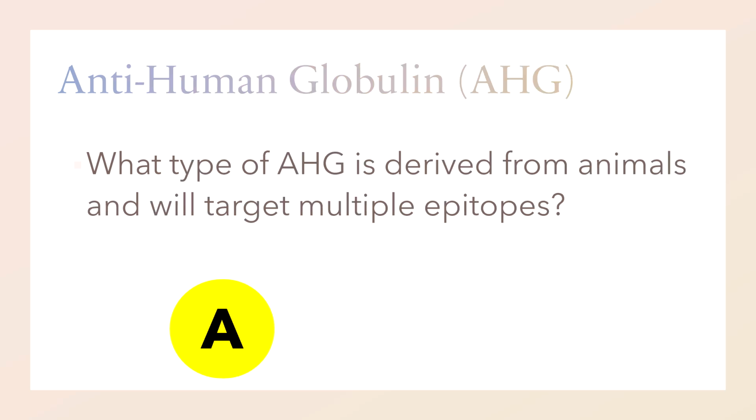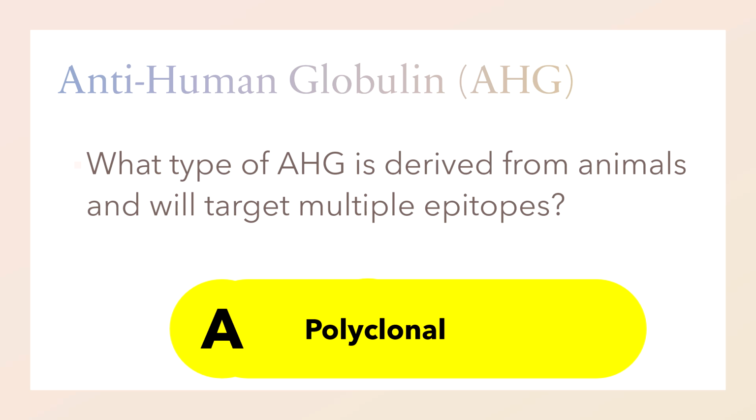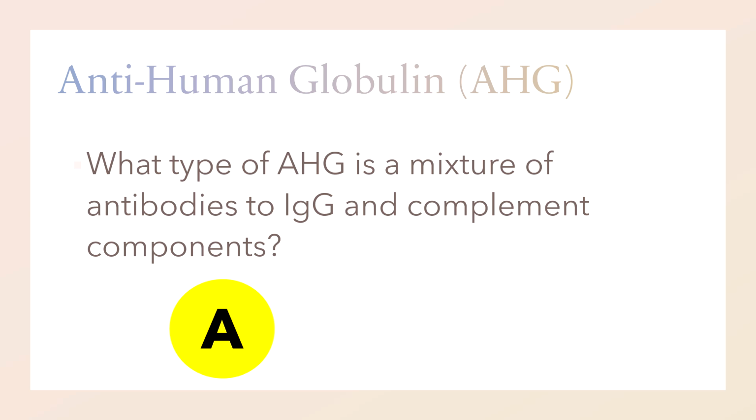Anti-human globulin. What type of AHG is derived from animals and will target multiple epitopes? Polyclonal. What type of AHG is a mixture of antibodies to IgG and complement components?